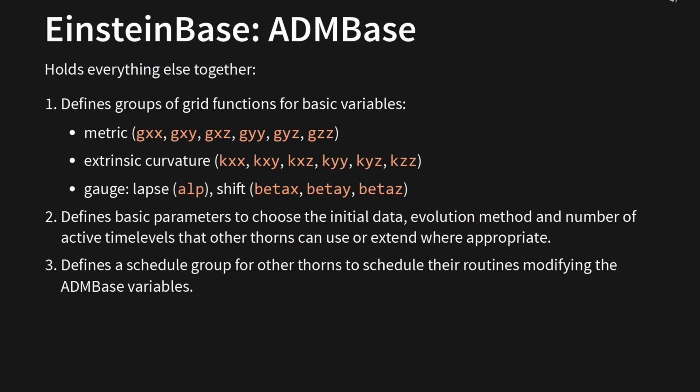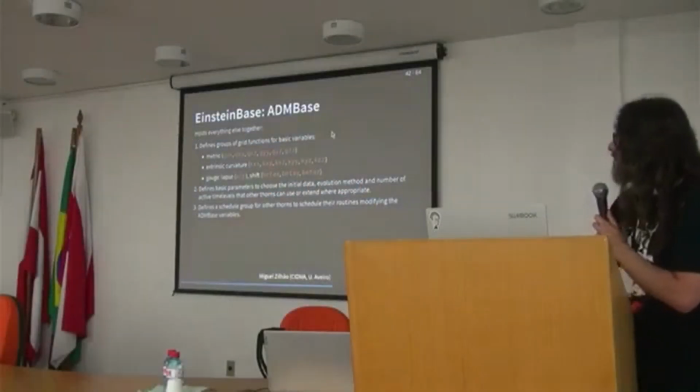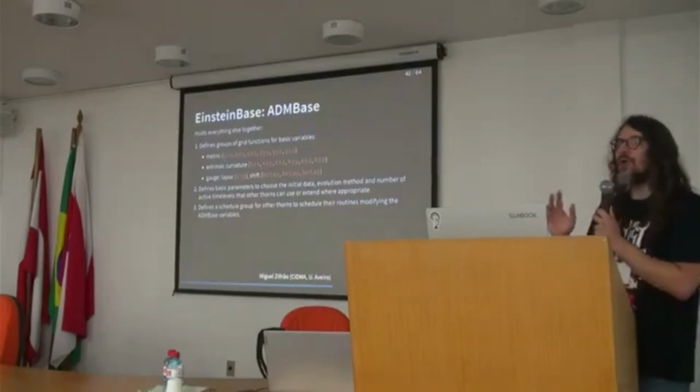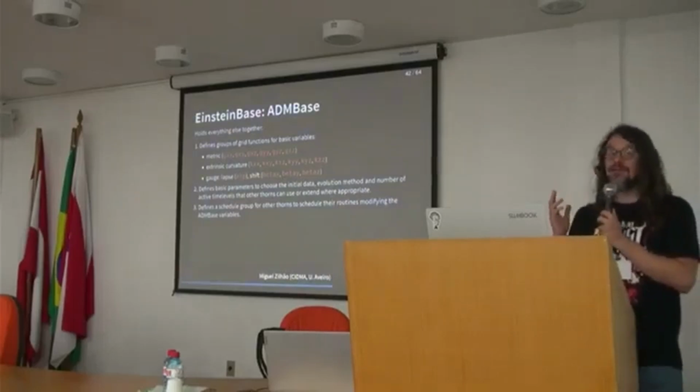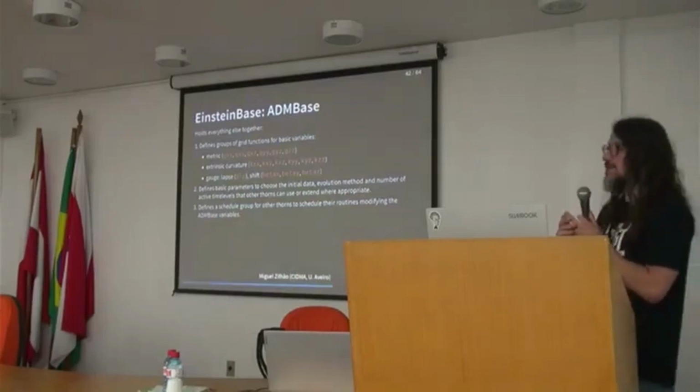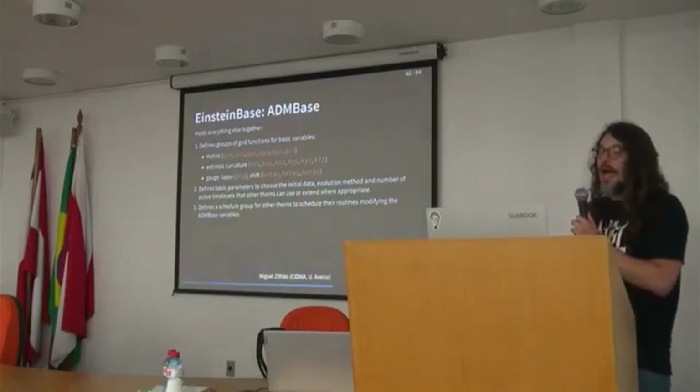So the point of using this ADM base infrastructure is that it holds everything together. This is the whole point of Cactus: modularity. This is a very big thing of this framework.